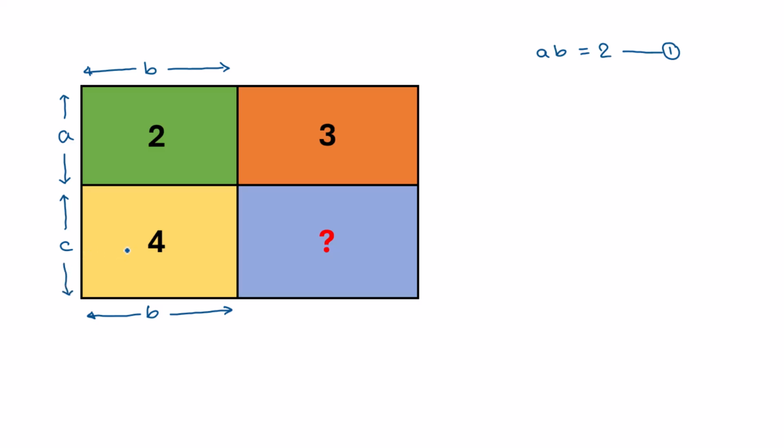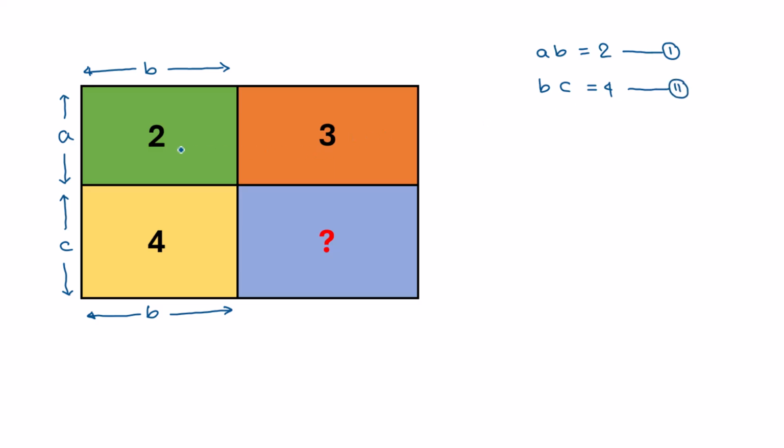So the area of this rectangle will be B times C, which is given as 4. So from here we can write B times C is equal to 4. Consider this as equation number 2.